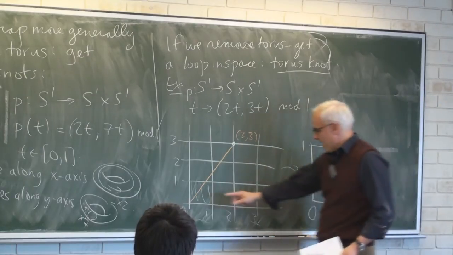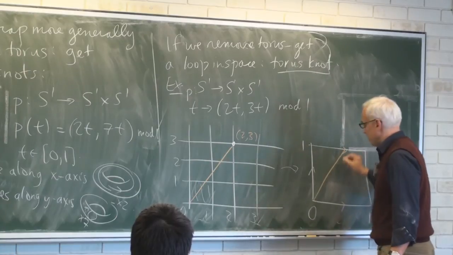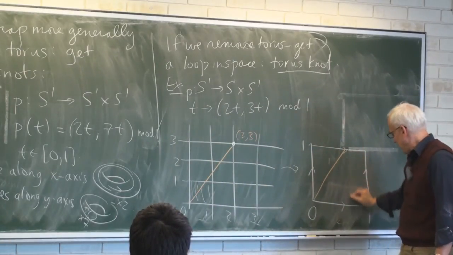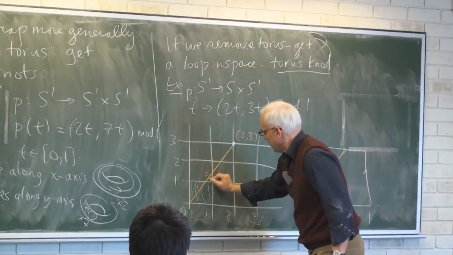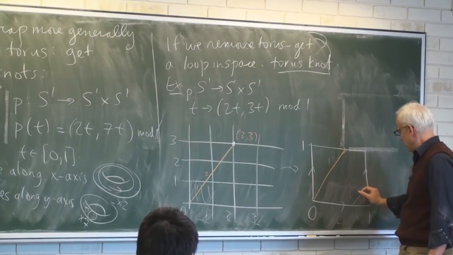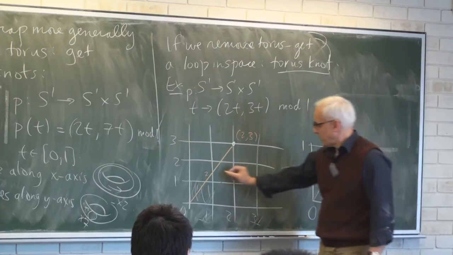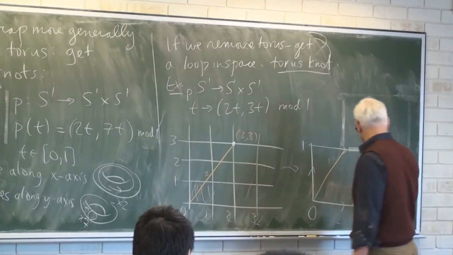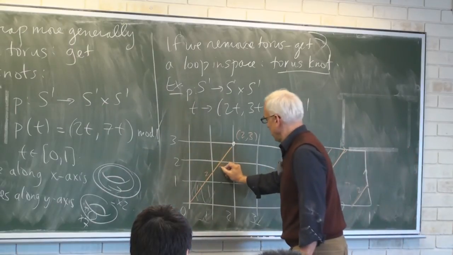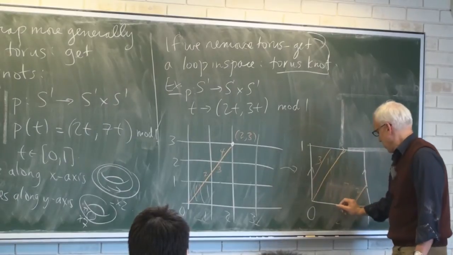So what's happened to the path is it started here and gone up to here, that's sort of stage 1. And then from here to here, that's stage 2. That's like that. It should be parallel. And then from here to here, stage 3. And finally stage 4, from here to here.